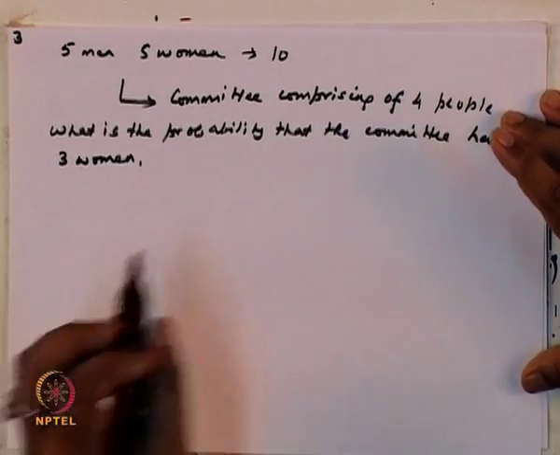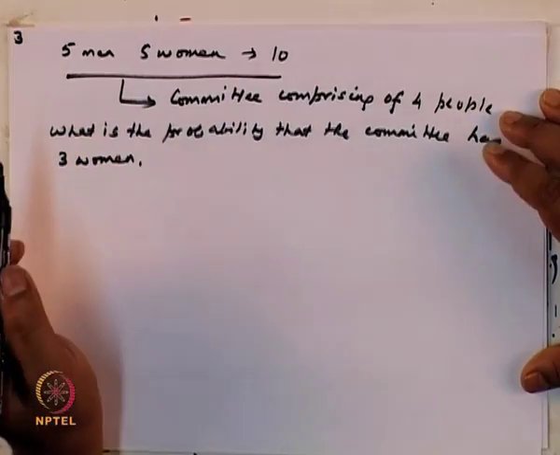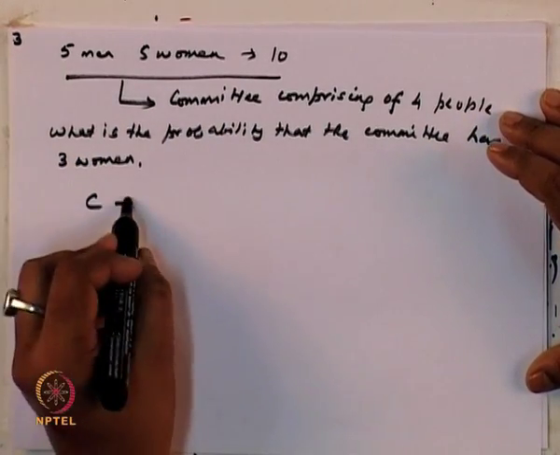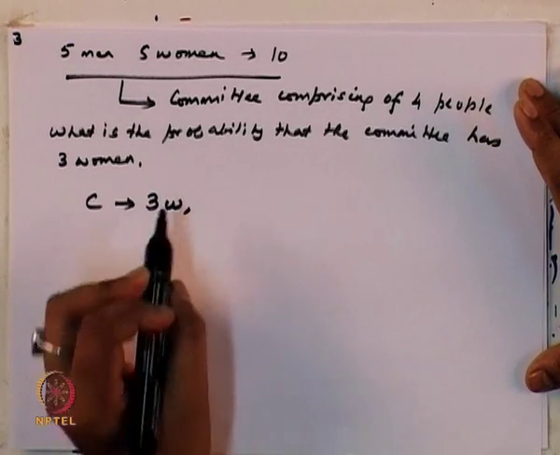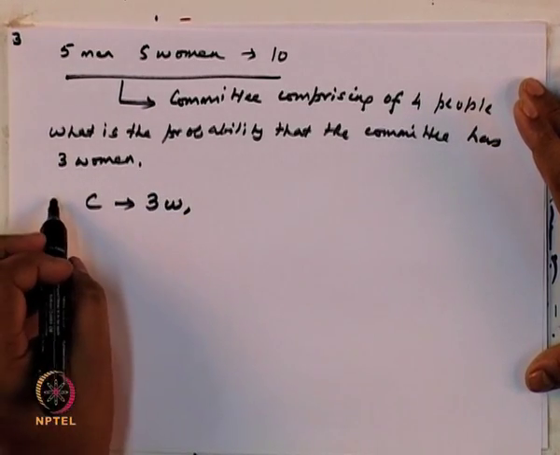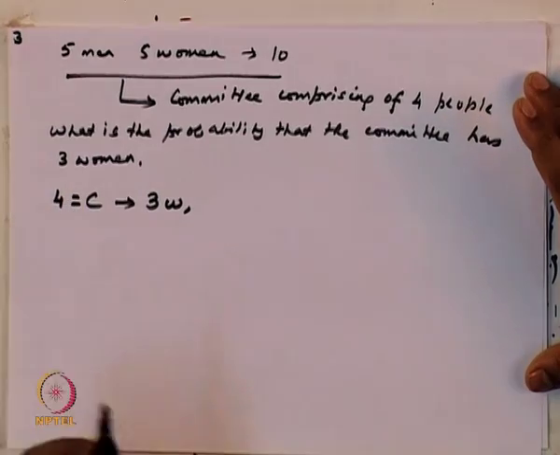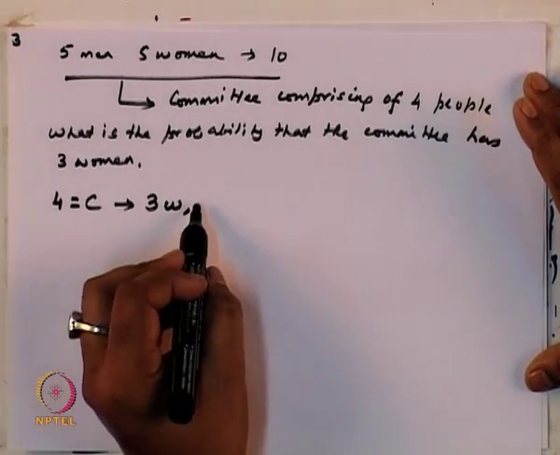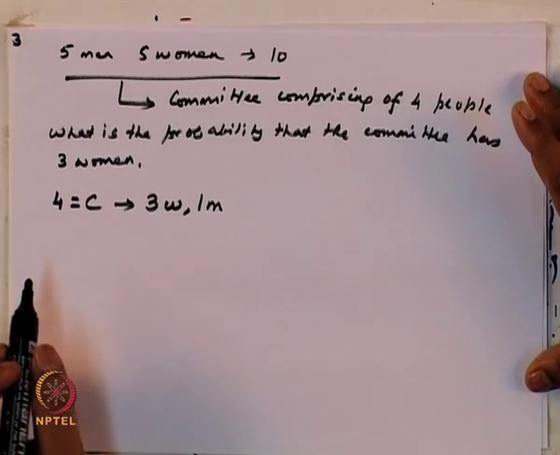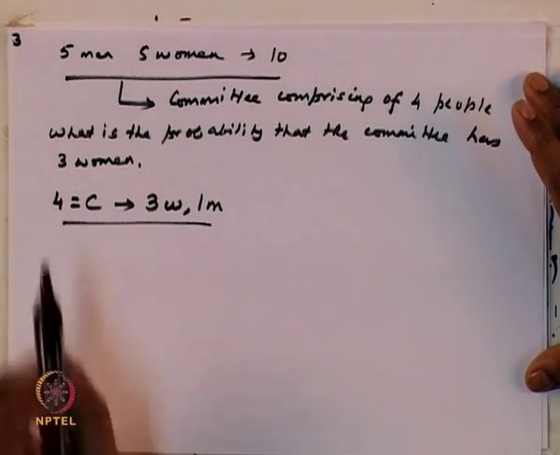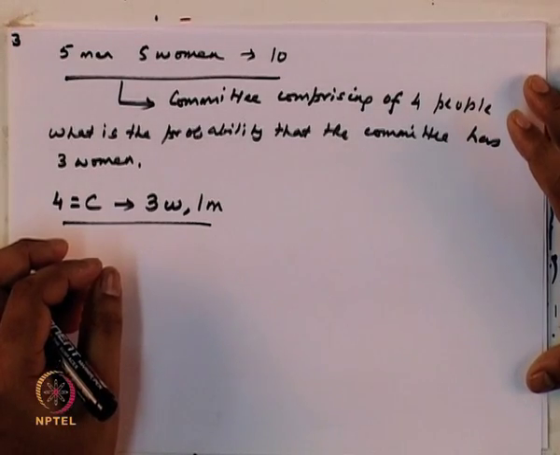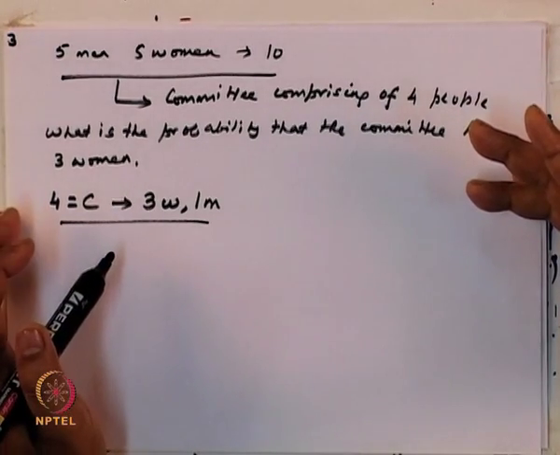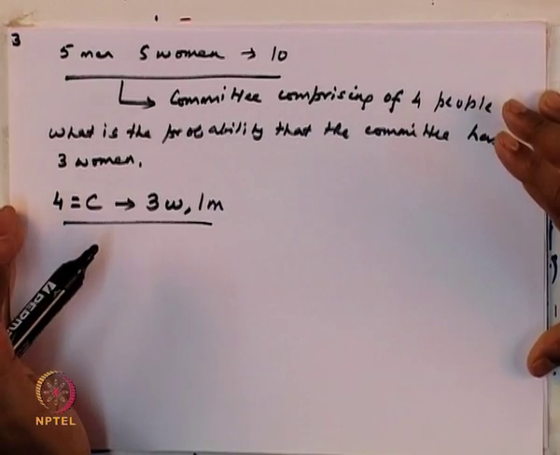Okay. So, in total you have 5 men and 5 women, and you constitute a committee of 4 people consisting of 3 women. That means, if you have 3 women, you must have 1 man. How would you do this selection? As I briefly mentioned, in case of a committee or a combination, the order does not matter.